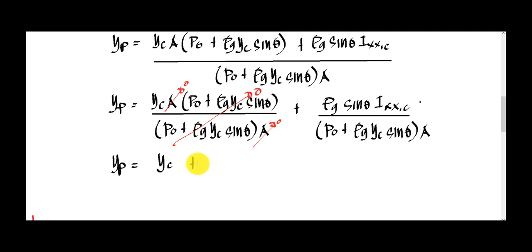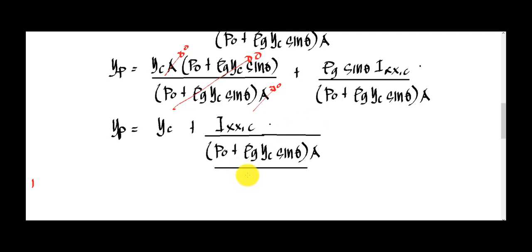That will be plus our value for this one, that will be density gravity, we have sine theta. So we can also express this one as I c over x, then divided by that one. So we can bring this one under to be as a denominator of this equation, so they are the same.